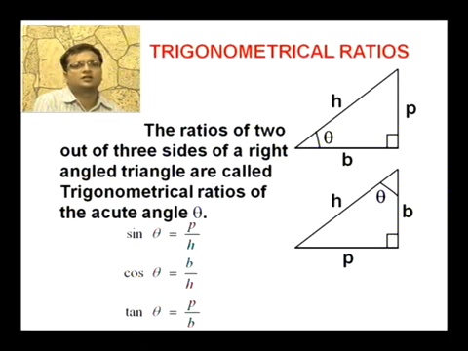In the figures as shown, in the first figure, the horizontal line is called the base, the vertical line is called the perpendicular, and the side shown by H is called the hypotenuse.